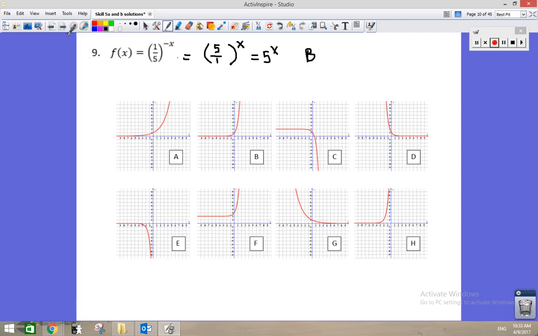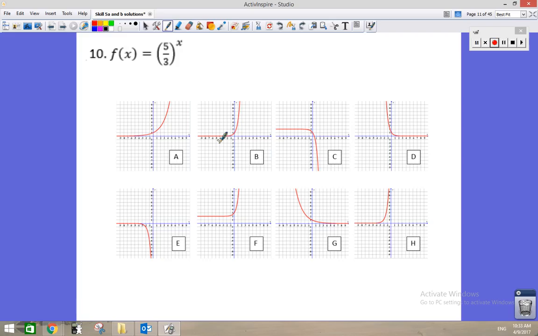Alright, so let's think, there's like 3 more. Now, 5/3, I cannot write that as 5 to the x, so I really can't make a transformation of the graph of b. 5/3 is an improper fraction. This is bigger than 1.